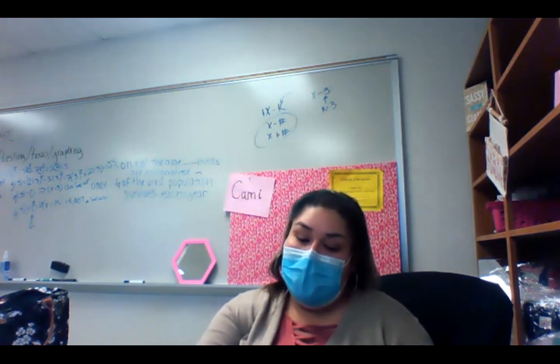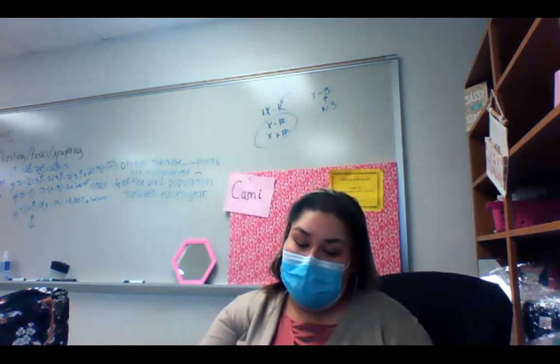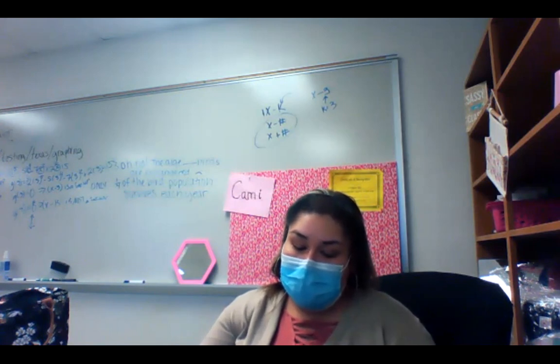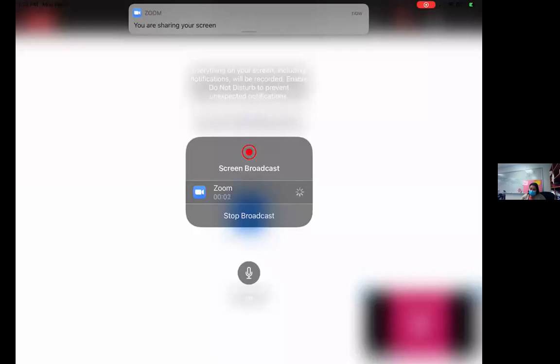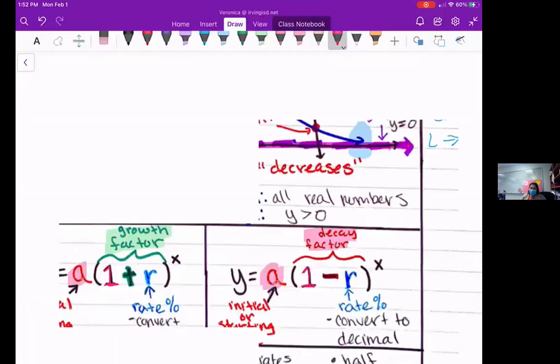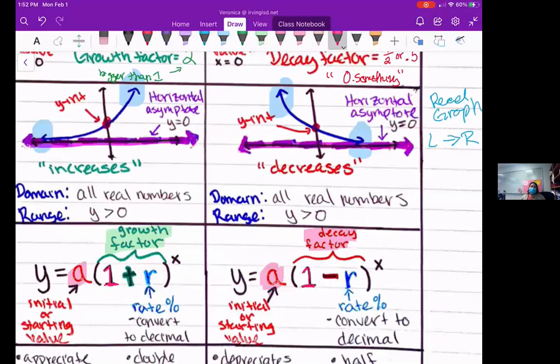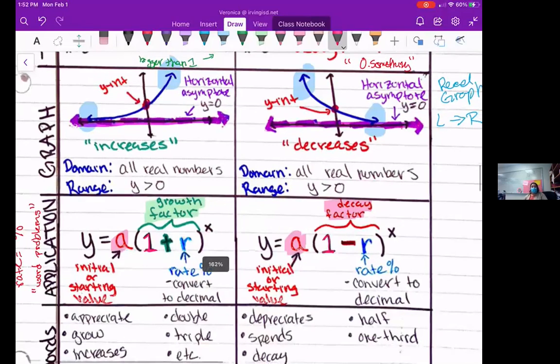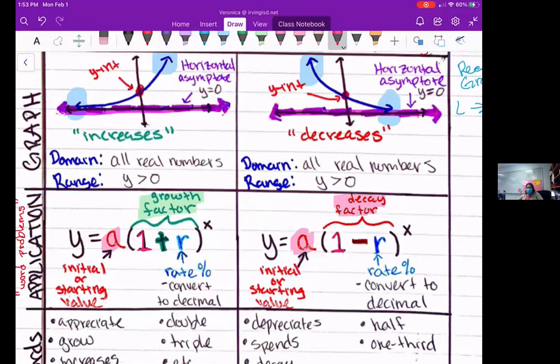Hold on, let me share my screen again. Okay, so right here, when you're looking at these equations, when you're talking about rates and the rates are given, if you look at the growth side, if you're growing something, it obviously makes sense to be adding something.